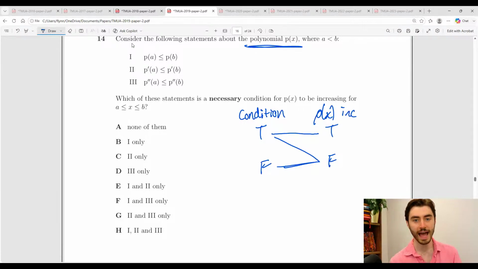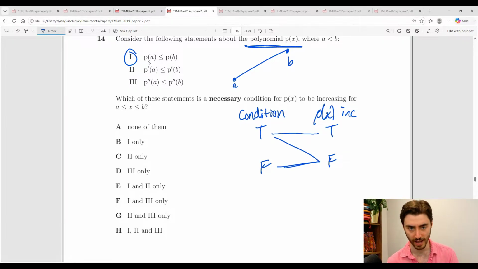Well, that has to be true. Because if it's increasing in the interval from A to B, then the value at B has to be bigger than the value at A.